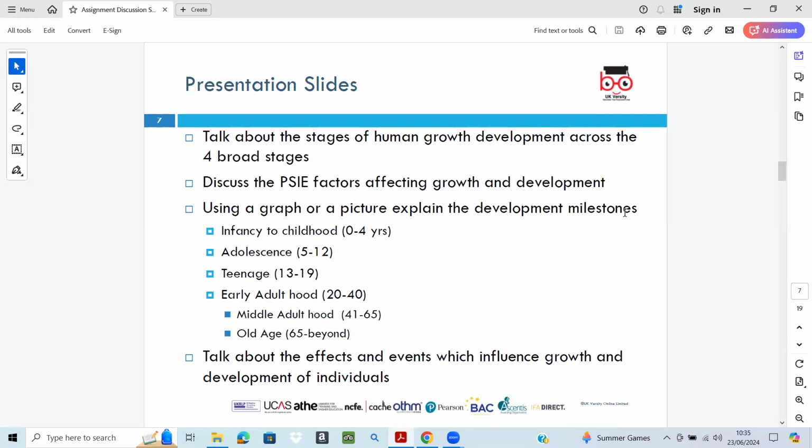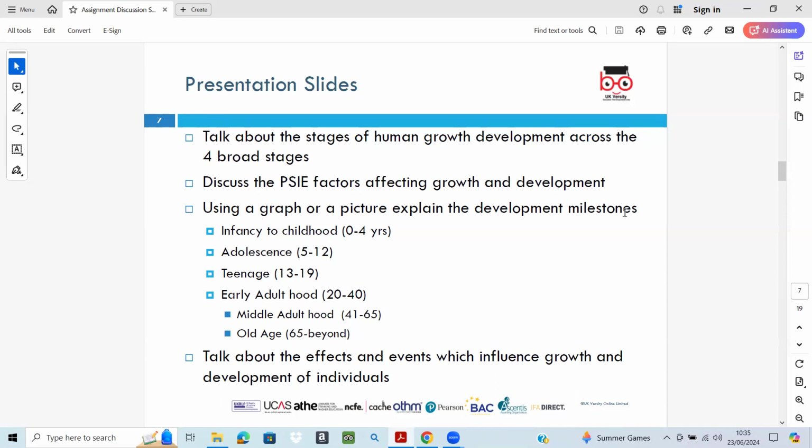Then, for example, we could discuss middle adulthood, that is from year 41 to 65. In that, we could discuss the physical changes and career stability.